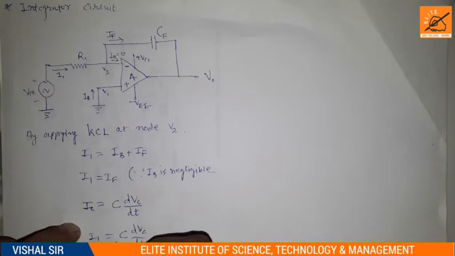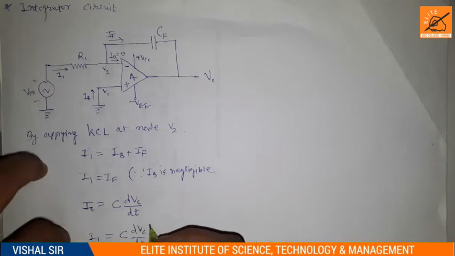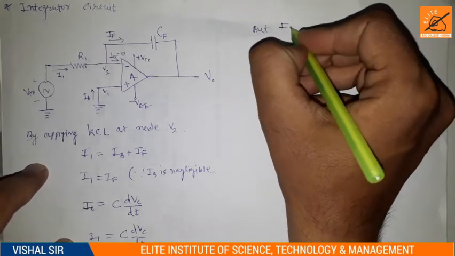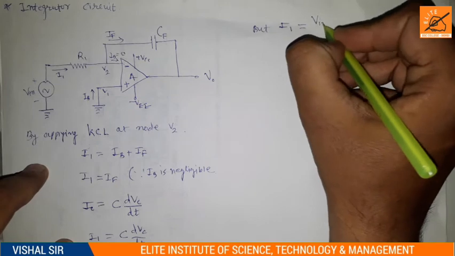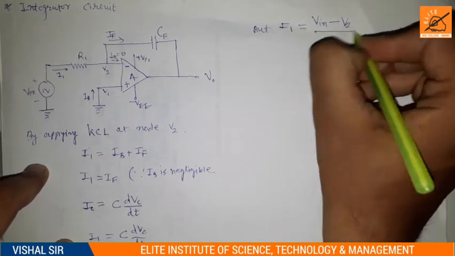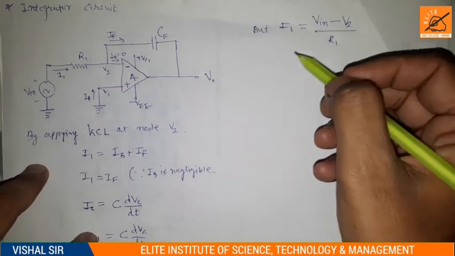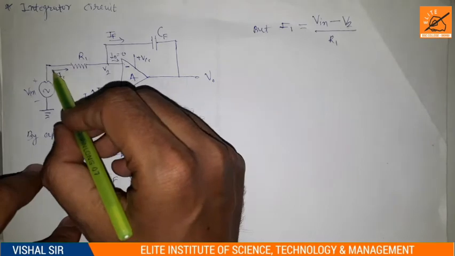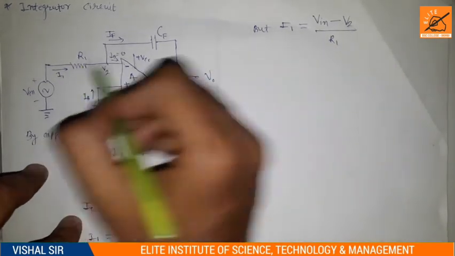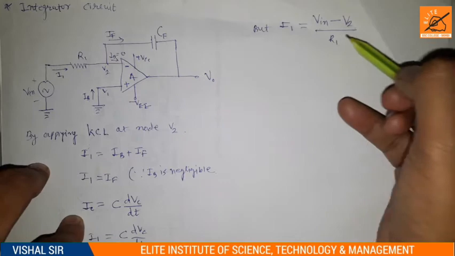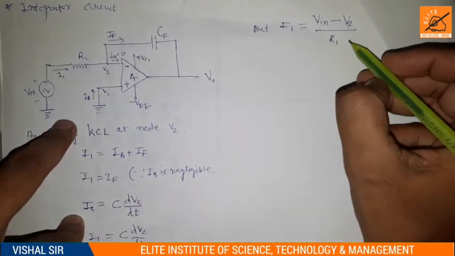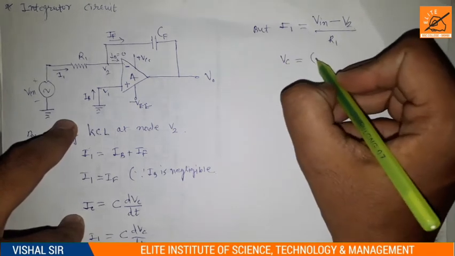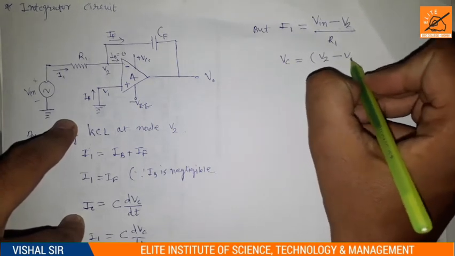But I1 is equal to VIN minus V2 upon R1. Here we have VIN and here is V2. So VIN minus V2 upon resistance R1. And what is the voltage across the capacitor? That is VC is equal to V2 minus V0.